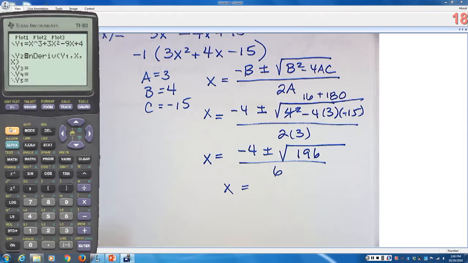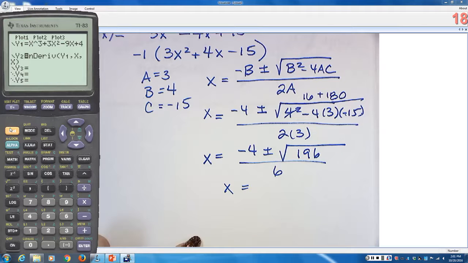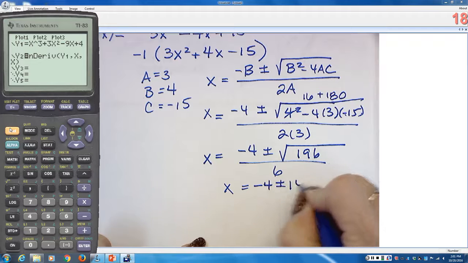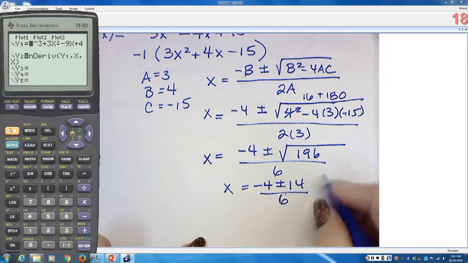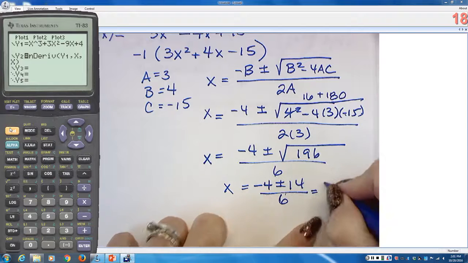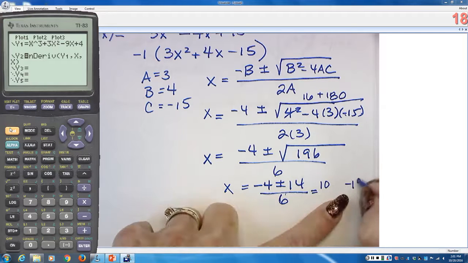And the square root of 196 is 14. -4 plus or minus 14 over 6. -4 plus 14 is 10. -4 minus 14 is -18 over 6.